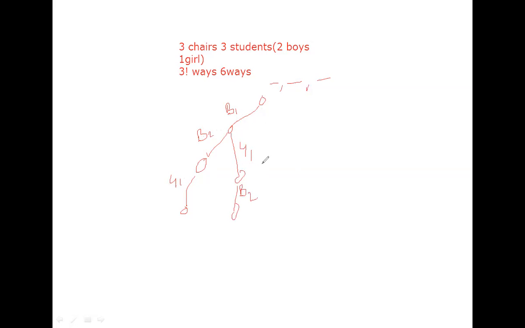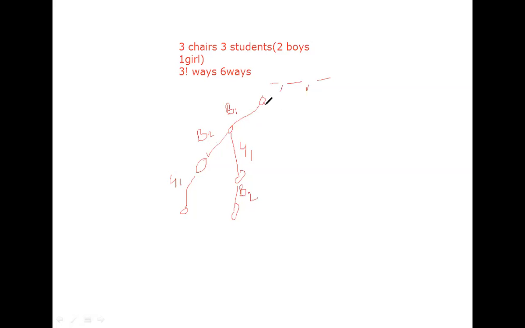So this is the other way to represent it. For clarity, initially I take B1 as the first person to sit in the first chair, and I consider two choices. In the second chair, on one path I choose B2, and on another path I choose G1.